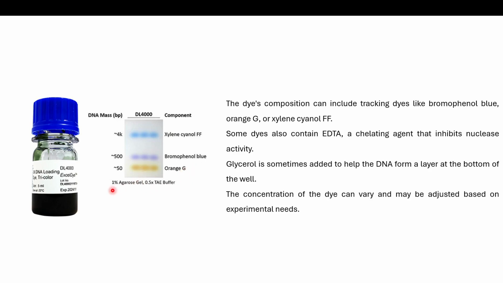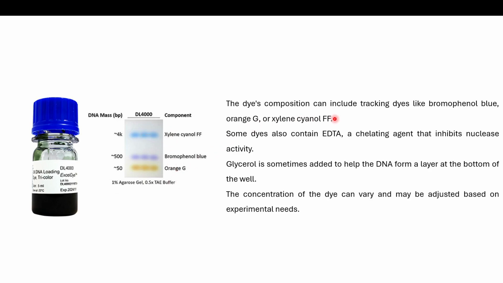In this particular gel, 1% agarose with this concentration of TAE buffer, a tris buffer used as the running buffer, orange G runs at a speed of around 50 base pairs. Then comes bromophenol blue, and xylene cyanol runs the slowest of these three.